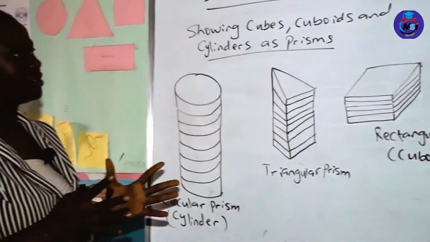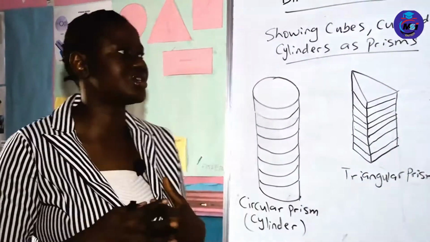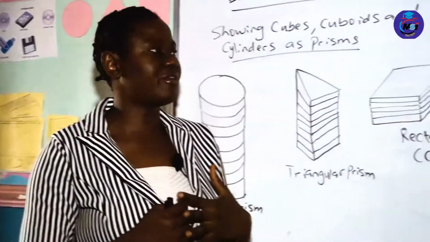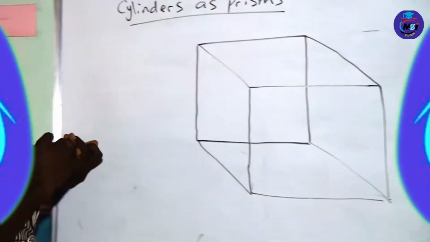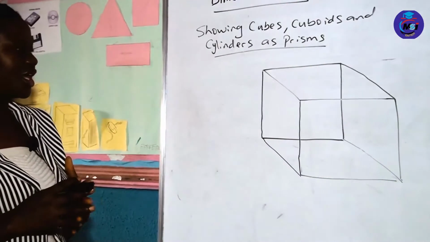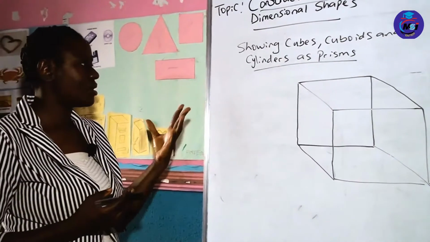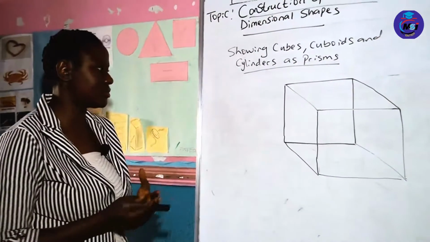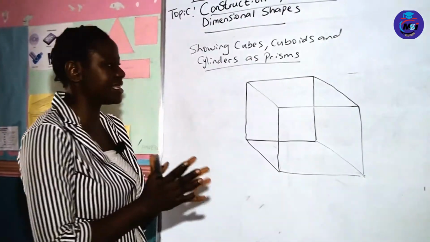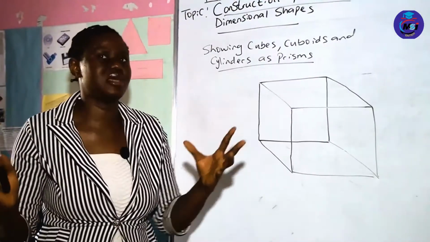Just like we did in one of our lessons, we want to look at the properties of cubes, cuboids, and other shapes. Let's use a cube, because in the previous lesson we used a cuboid. This is a cube. We want to look at the vertices, the faces, the edges. All right, it has 6 faces. The other time I used a carton of a biscuit as a cuboid.